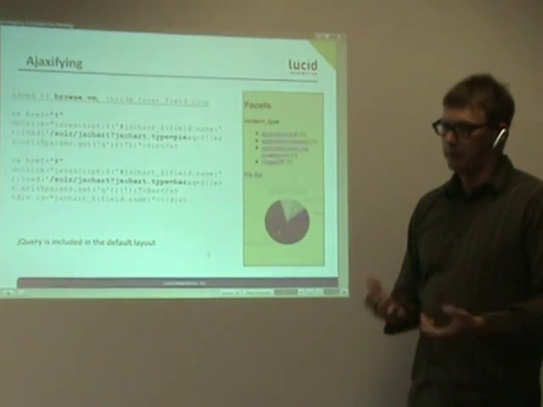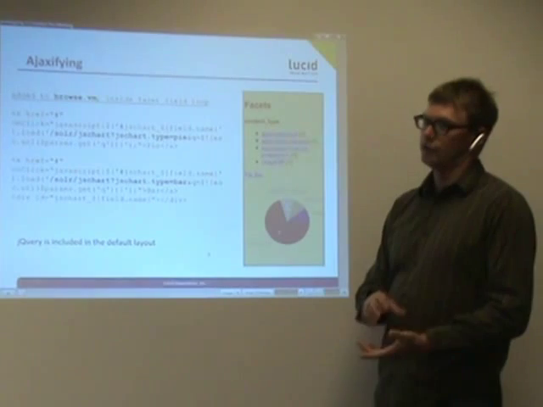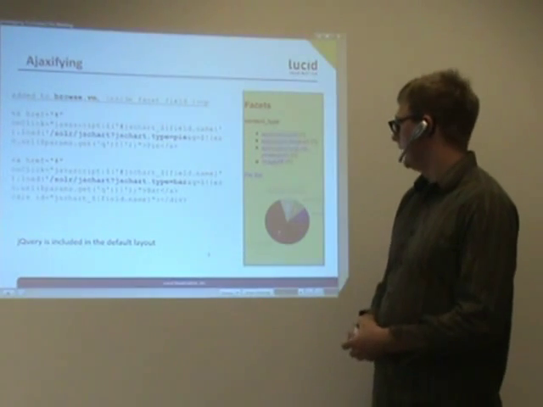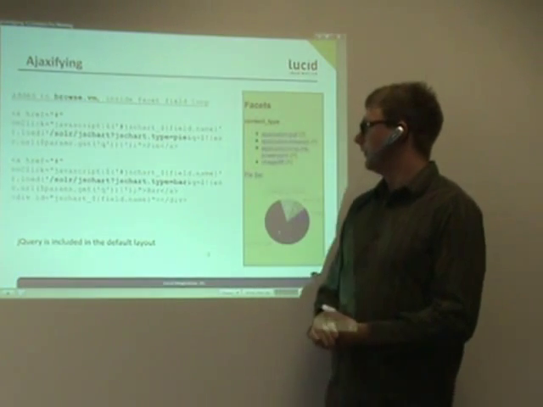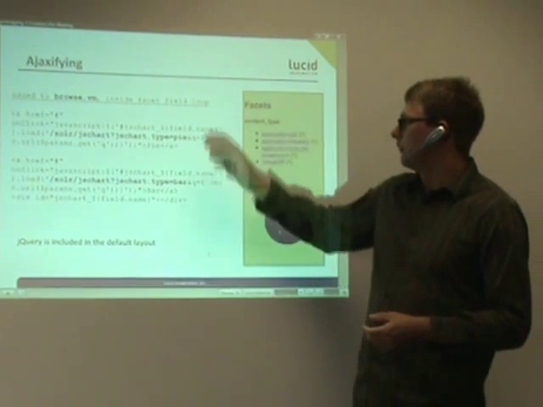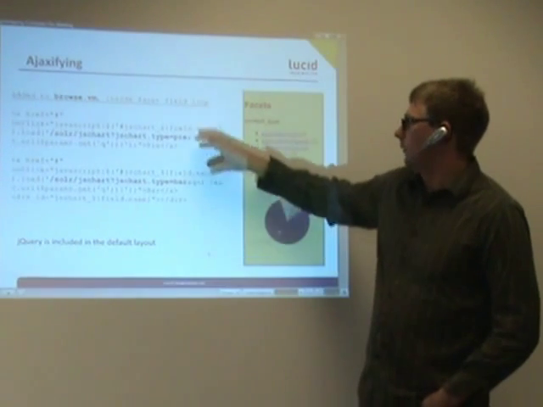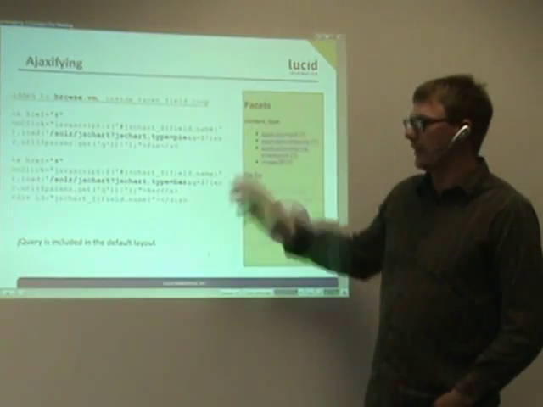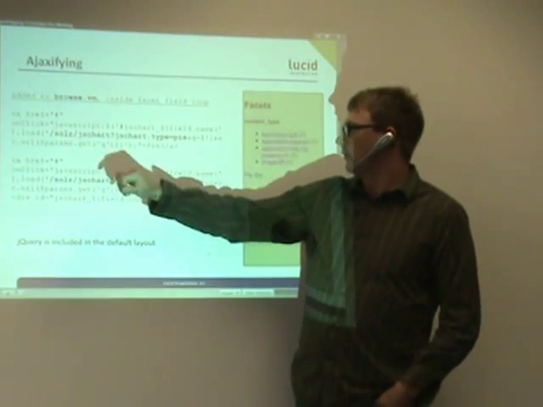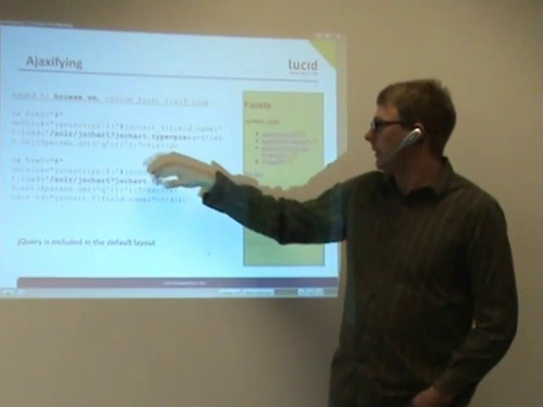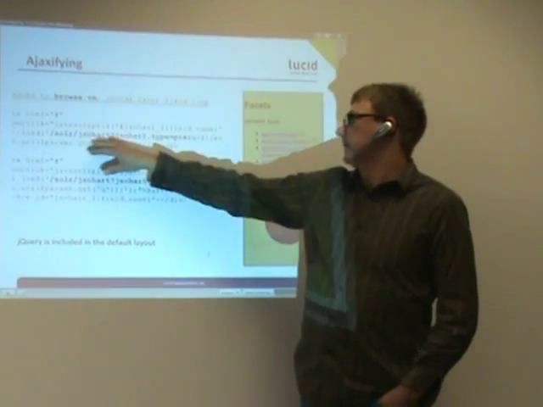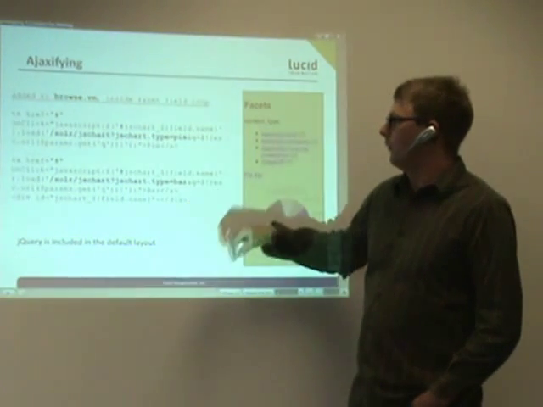Now, we may want to embed that particular chart within the full user interface. And so what I did, and I'm not an HTML designer here, I just did a few quick things in the browse.vm template. Within the facet field loop that you'll find inside of that browse.vm, I'm calling out to the jschart library. I make a hyperlink that has some JavaScript that gets executed when you click on it.